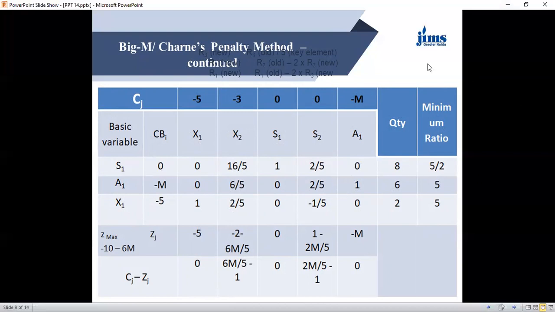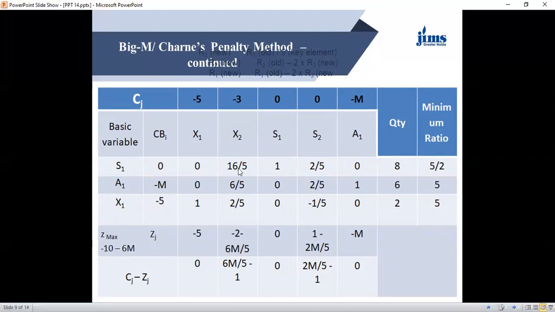Because this is the key row, s1 is the outgoing variable and x2 is the incoming variable. The intersection of the key column and key row is the key number. So 16 by 5 is the key element. Now in the next row, we shall divide all elements in the key row by 16 by 5.